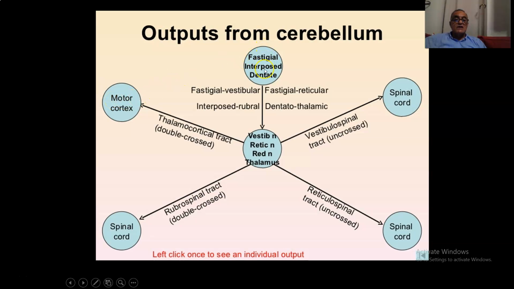And this is the main output from the cerebellum. Forget about the other nuclei: from the dentate nucleus to the red nucleus to the thalamus and to the motor cortex.